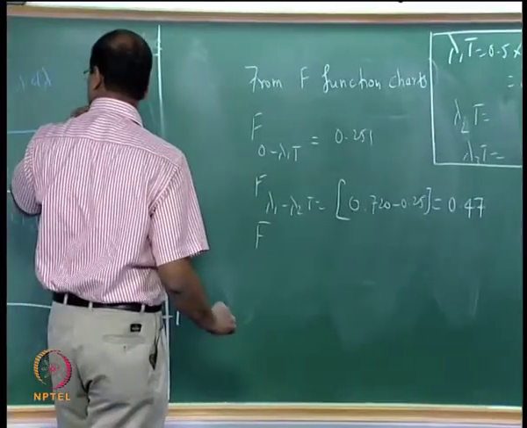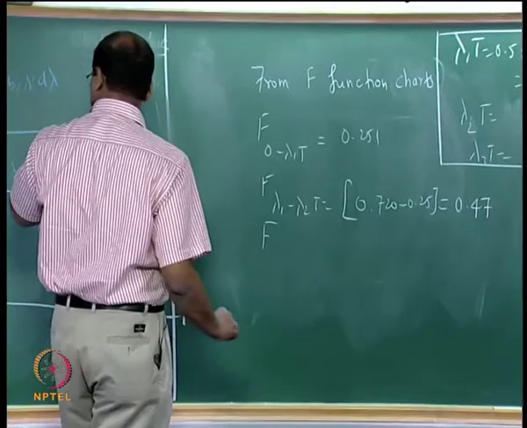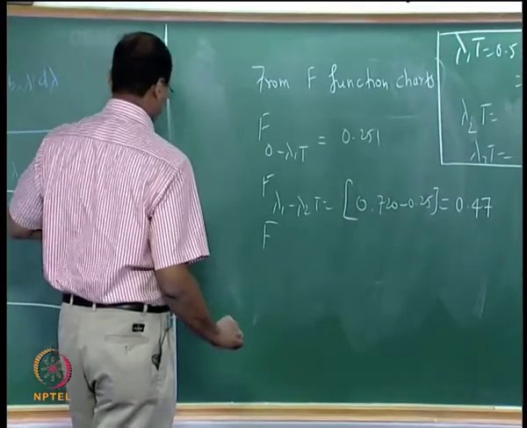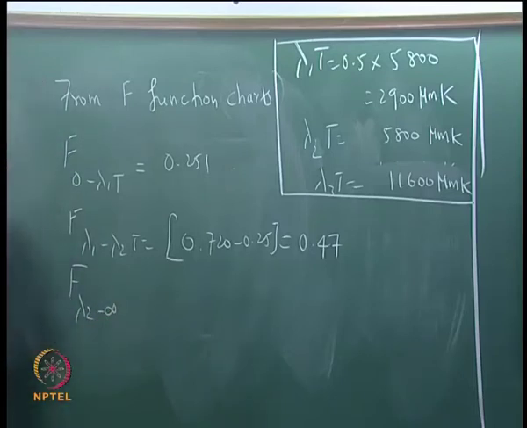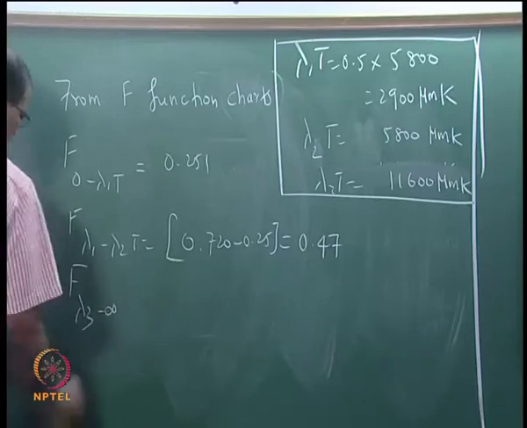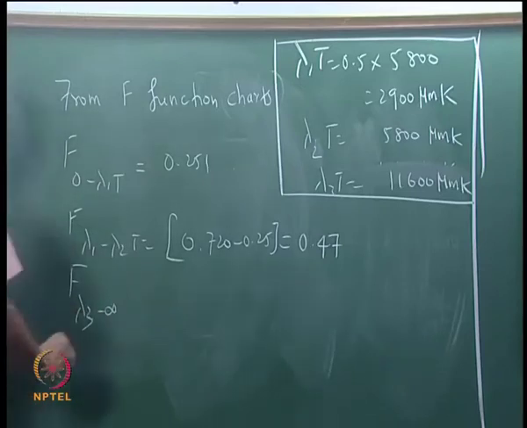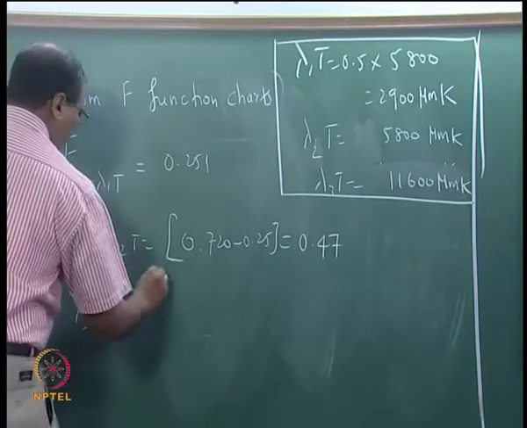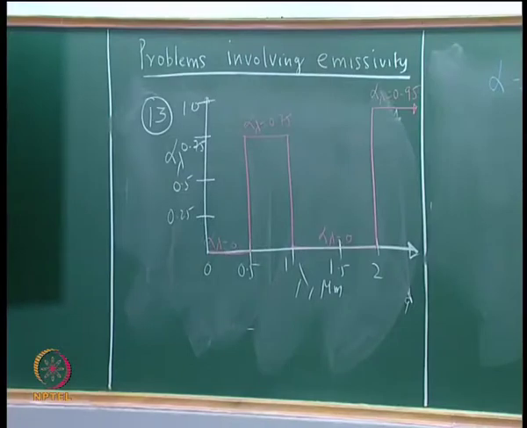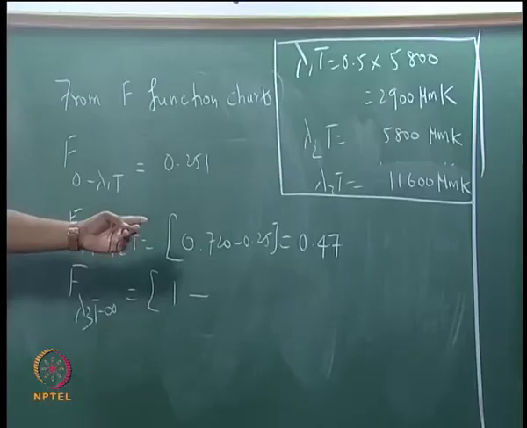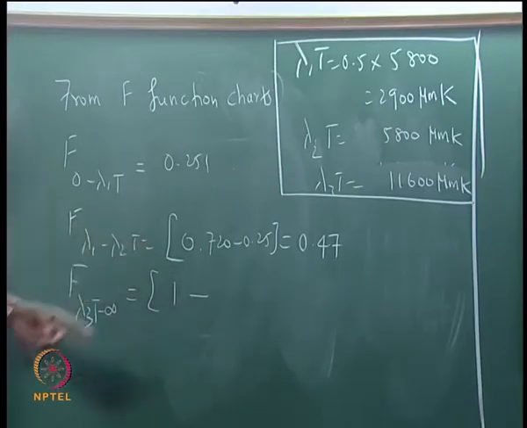Okay, f of lambda 2 to infinity, right? Lambda 3 to infinity, correct? 1 minus, it is not 0.72, 0.9, 93994, okay.